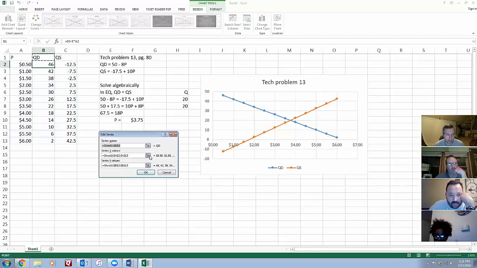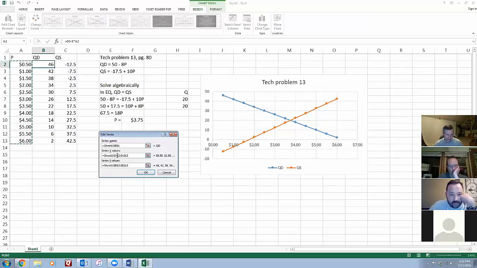But what I really want to play with is, okay, what are the X values? Again, the X values are going to be what's on your horizontal axis. The Y values are what's going to be on the vertical axis. So if I click into that box, I can see for the X values that it's doing it wrong, because it's having price be selected as the X value when I want the price to be on the Y value, the vertical axis.